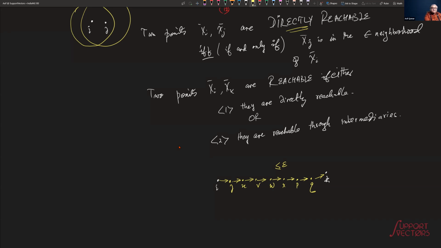Using this chain of reachability, you can reach k, right? Are we getting that, guys? So two points are reachable either if they're directly reachable, or they can be reached through intermediate hops. You can go from i to j, j to u, u to v, and so on and so forth, right? They become reachable.